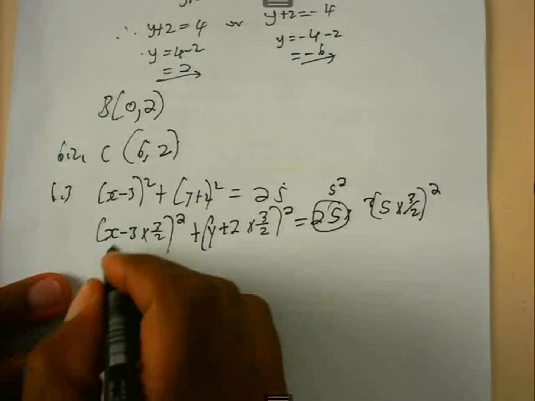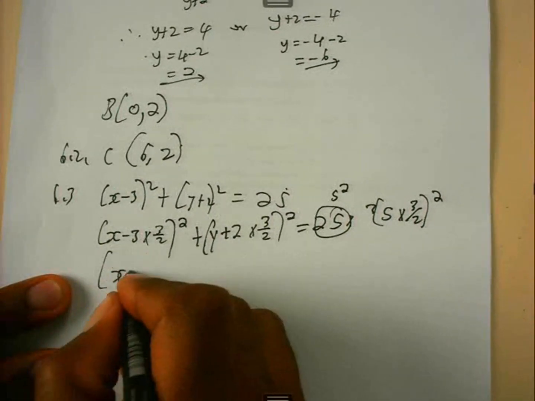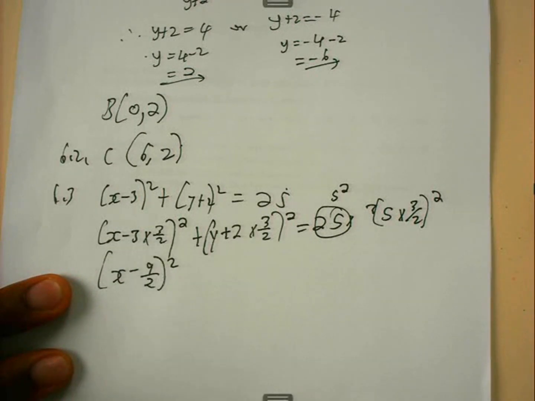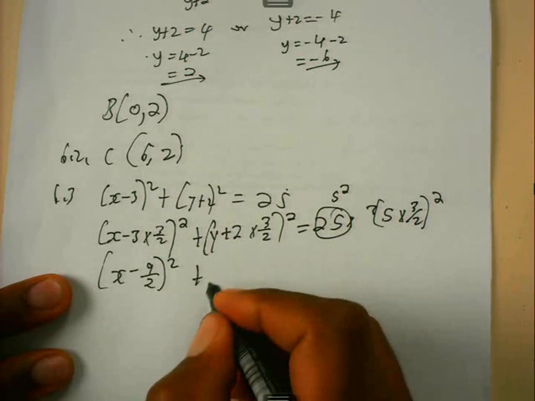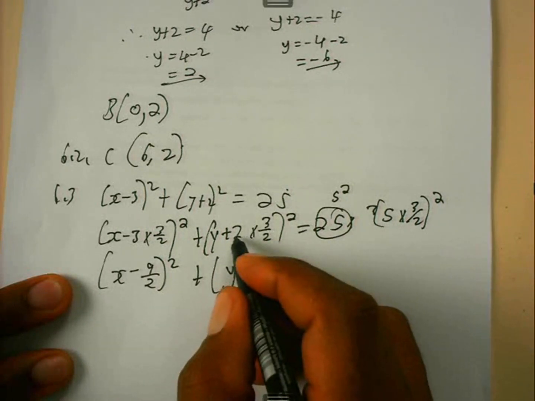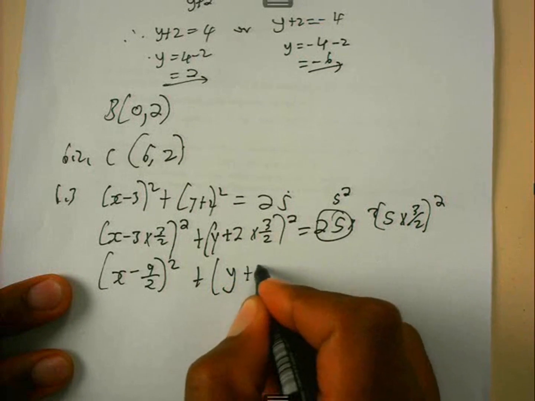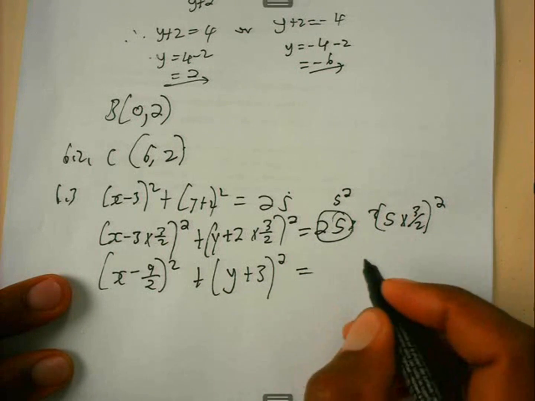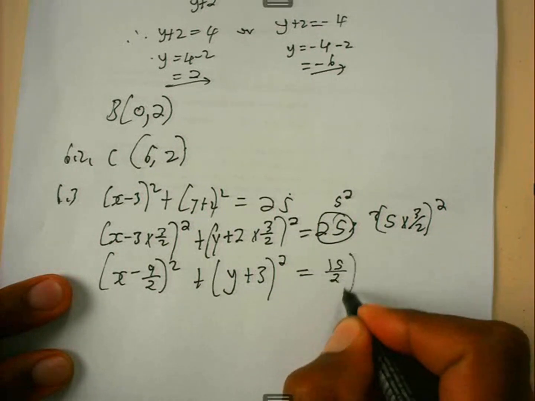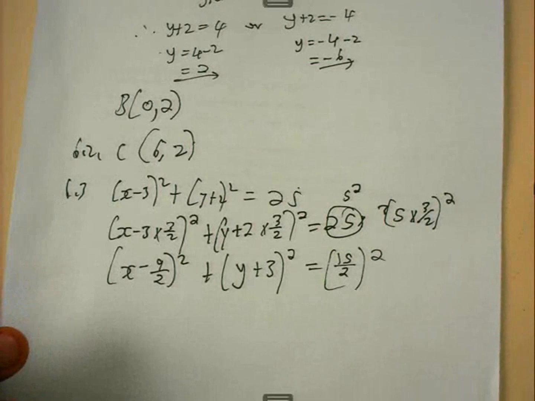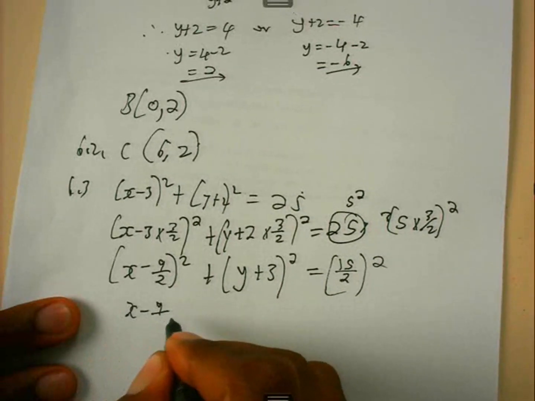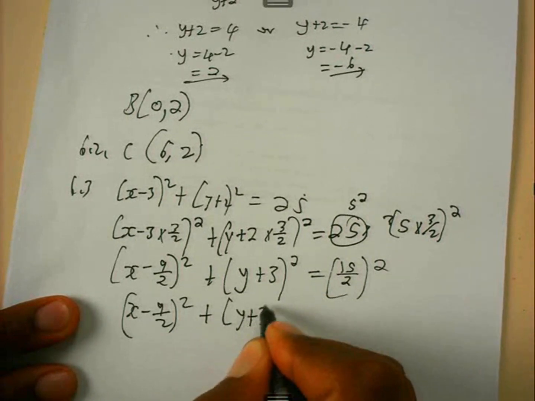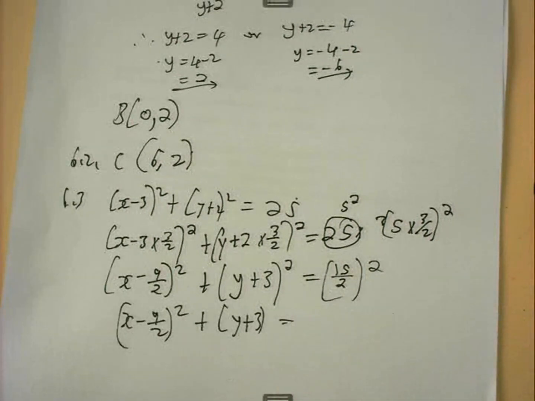From here we are going to have x minus 9 over 2, all squared, since negative 3 times 3 is negative 9 over 2. Plus y, now 2 multiplied by 3 over 2, the answer there will be plus 3, all squared, which is equal to 5 times 3, that is 15 divided by 2, all squared. Now when I simplify this, it is x minus 9 over 2 all squared plus y plus 3 all squared is equal to 15 over 2 all squared.